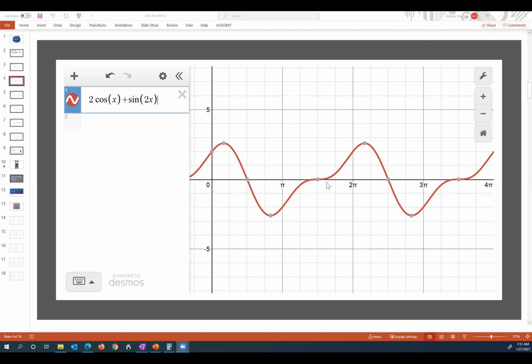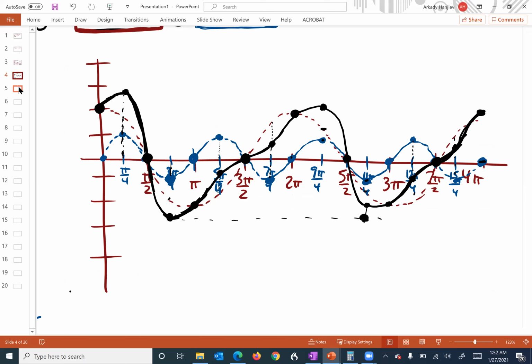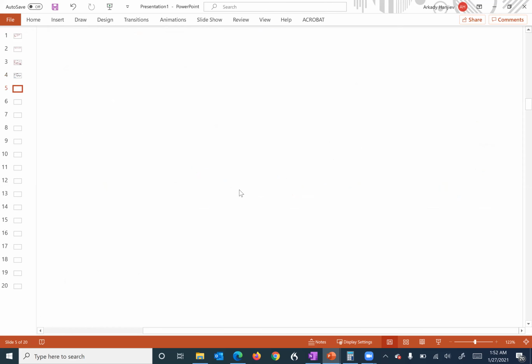So I'm going to let you guys try yourself. Let's do a couple ones yourself here. Okay, so trig function with trig function here. Exercise 3. Can you graph for me?